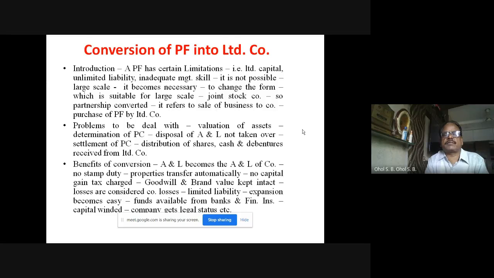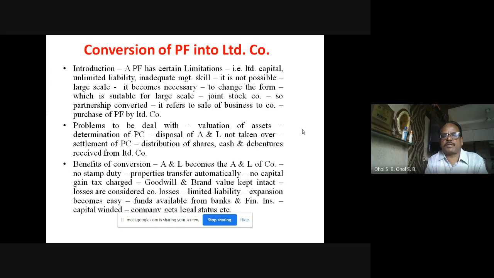This is the title of our new topic, conversion of partnership firm into limited company. When we studied the final accounts of the partnership firm and the amalgamation of the partnership firm, we studied the basic things of partnership business. What is partnership business?